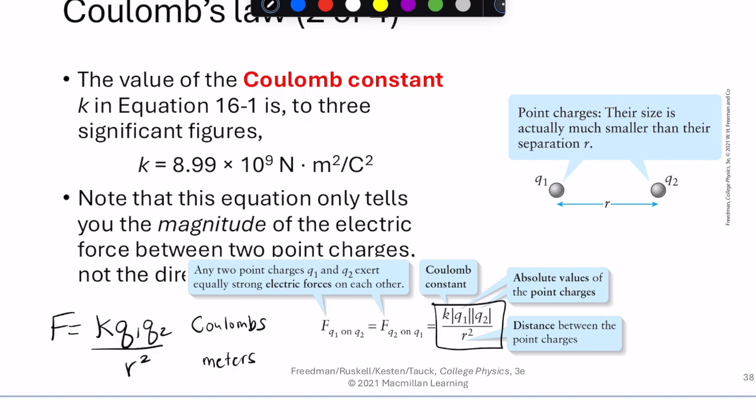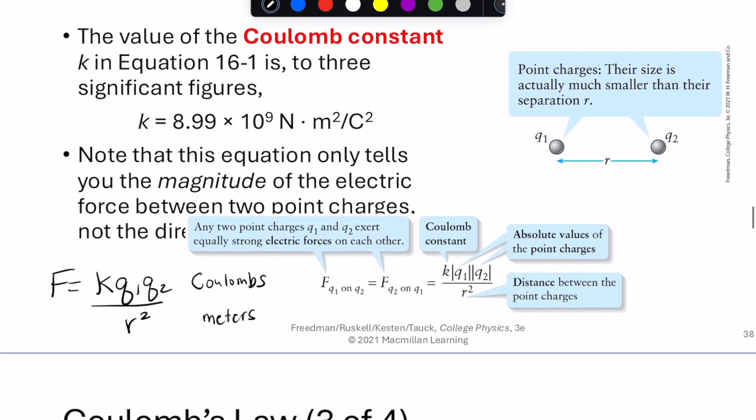So this gives us the magnitude of the force. That's why you see these bars here. These are magnitude bars, so they're letting you know that if one of those charges is negative, we're going to ignore the negative sign.